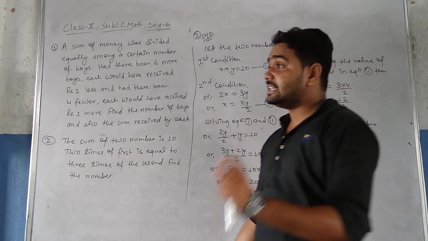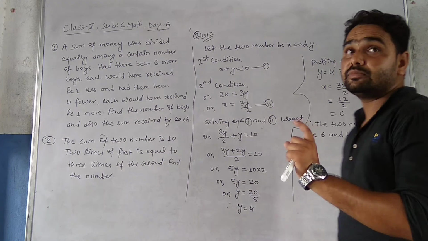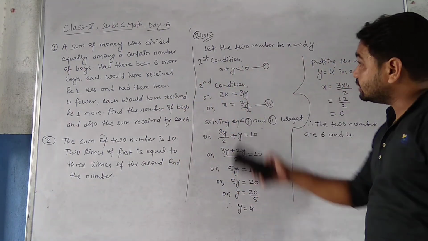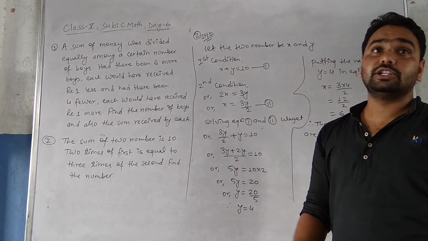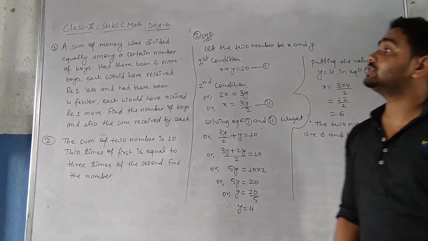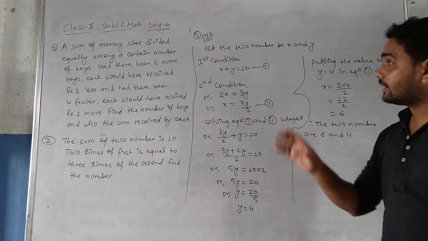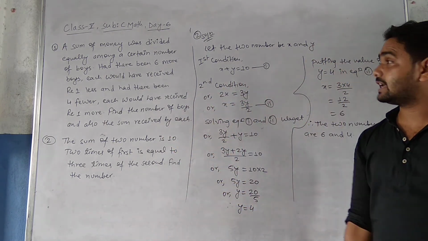If you deal with these problems, you can easily solve your exercise. I think nothing is there beyond this. So after observing these types of questions, you can easily do all of your exercise.